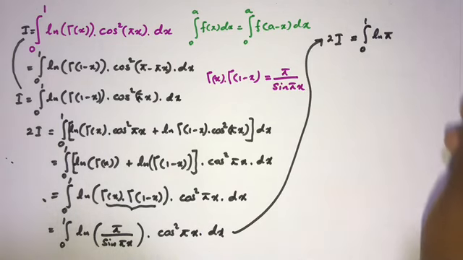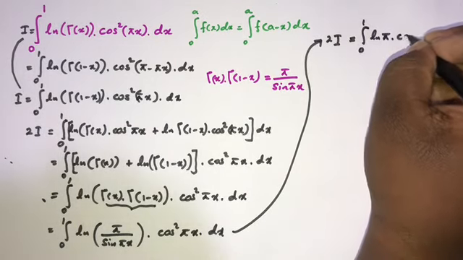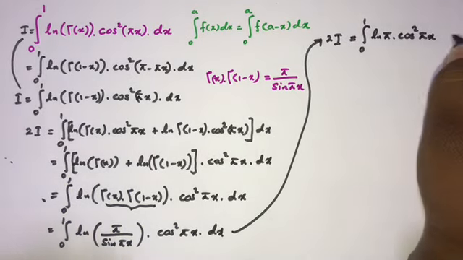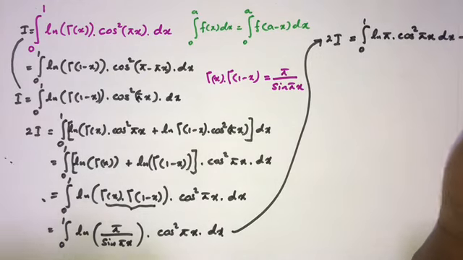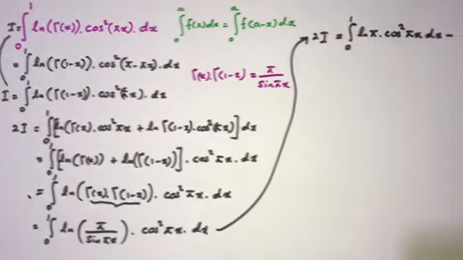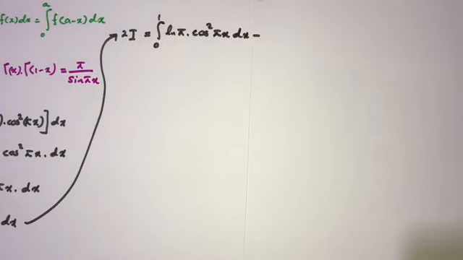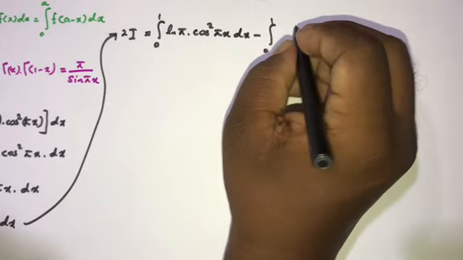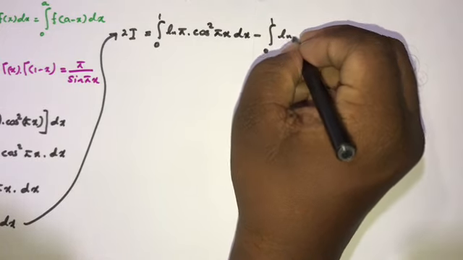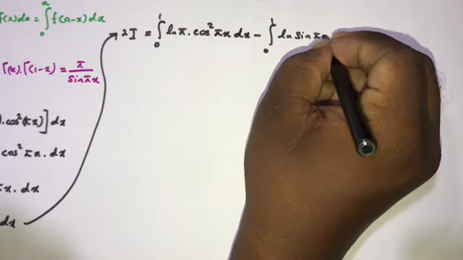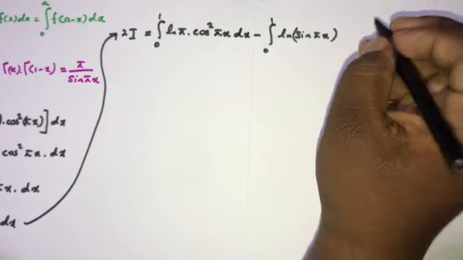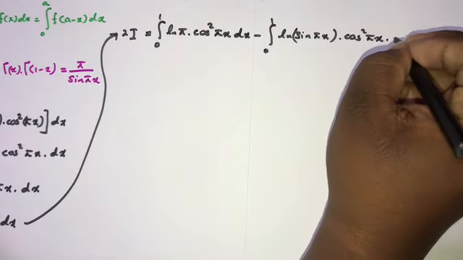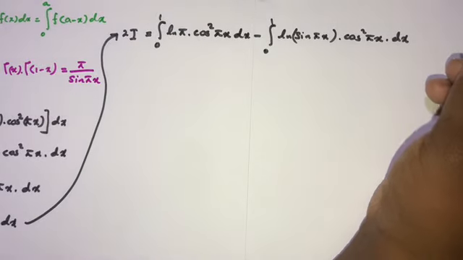So we write the integral from 0 to 1 of natural log of pi times cosine square of pi x dx minus the integral from 0 to 1 of natural log of sine of pi x times cosine square of pi x dx.